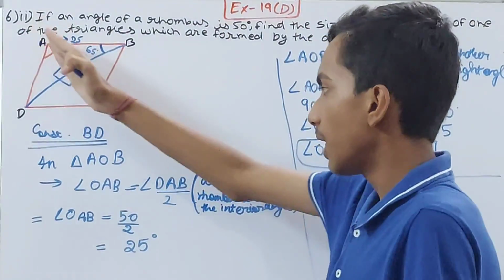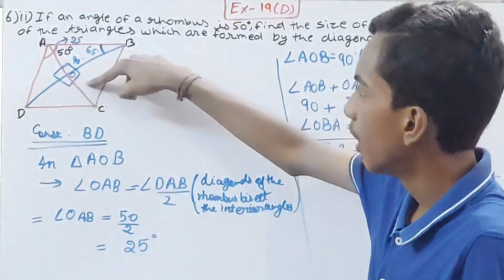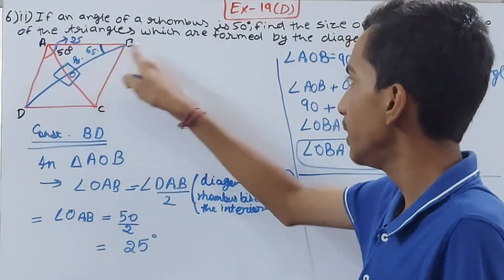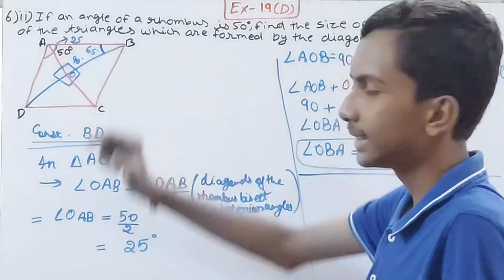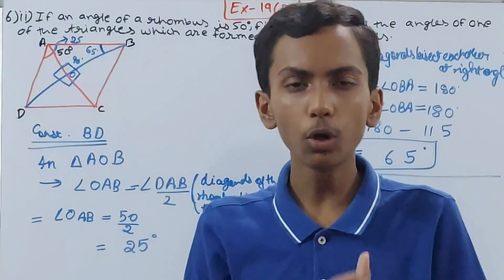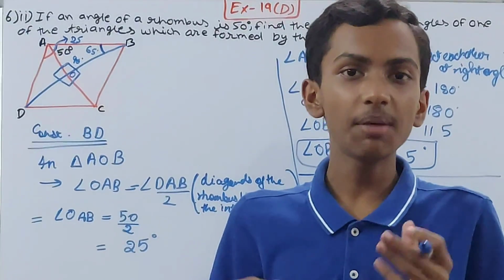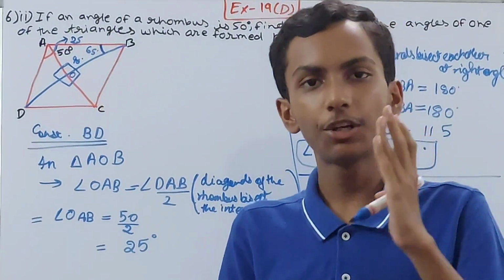Now I have got the three measures of one triangle. Triangle AOB, where angle OAB is 25 degrees, angle AOB is 90 degrees, and angle OBA is 65 degrees. So we have studied the diagonals of the rhombus. They bisect the rhombus into four congruent triangles.